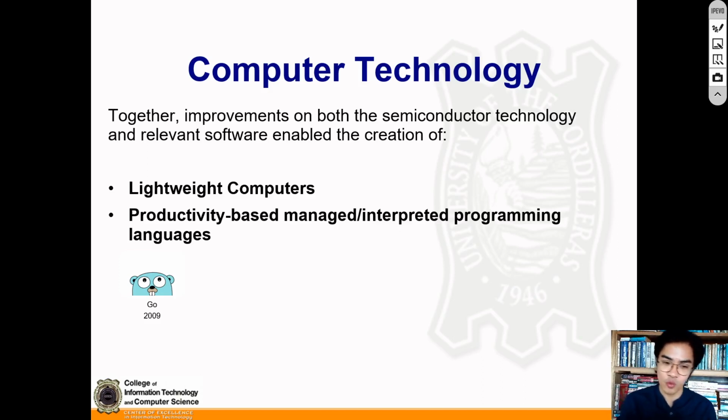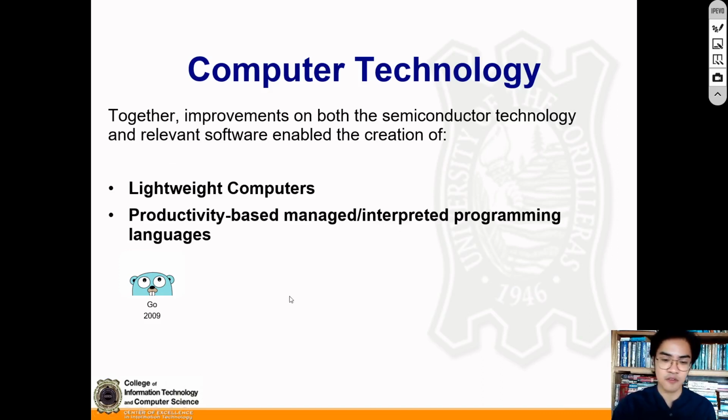Now, the only reason why you can have programming languages like this is because you have the improvements on both semiconductor technology or your hardware and your OS and your compilers and interpreters or your relevant software.